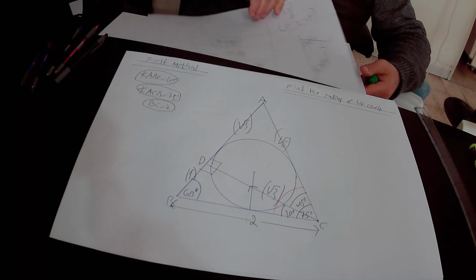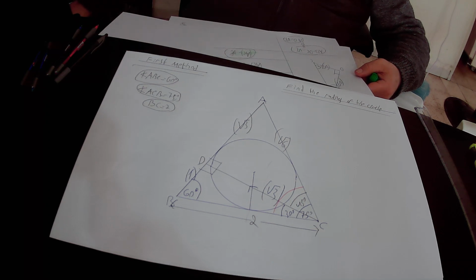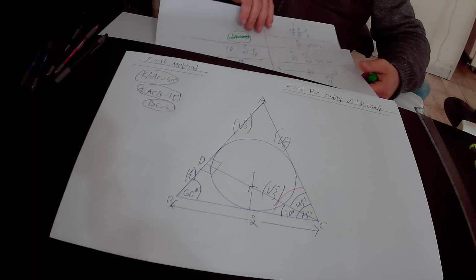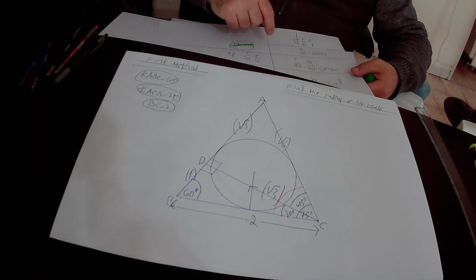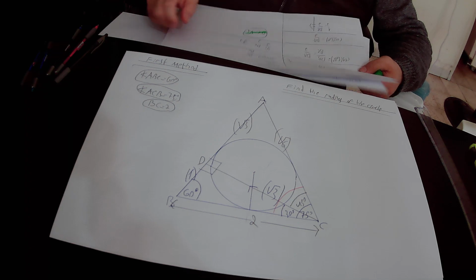In the next step, I will present to you how to find the radius R of this circle according to the second method.